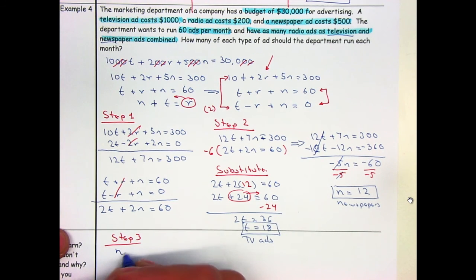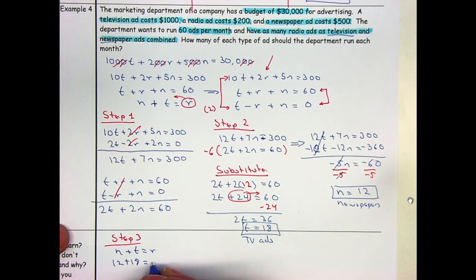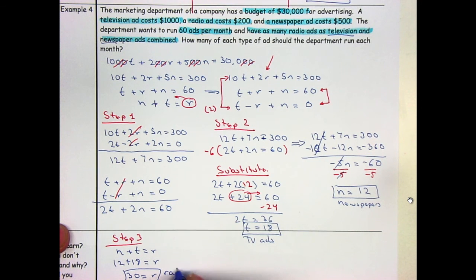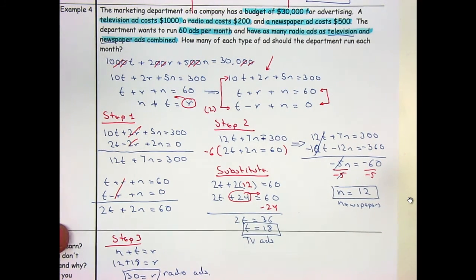So we have n plus t is equal to r. So n is 12 plus 18 is equal to r. So we have 30 is equal to r. So 30 radio ads. So if you notice, it's very similar to what we have covered before.